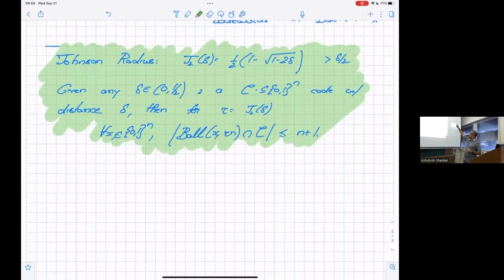So to complete the proof of the Elias-Bassalygo bound, what we need to do is show the Johnson radius. The Johnson radius has several proofs. The proof which we will give will be inspired by geometry. In fact, it will very much be along the lines of Plotkin's bound. It will use the geometric lemma that we showed.